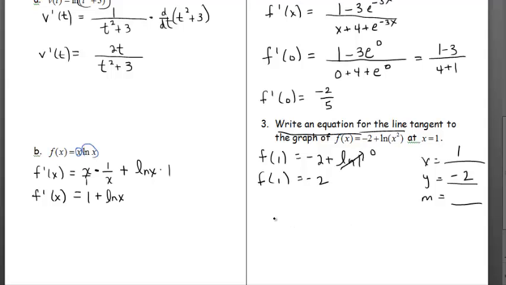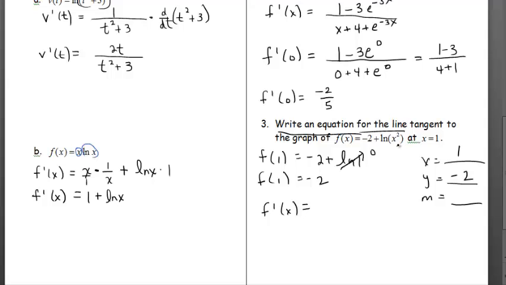All right, to get m, let's find the derivative and plug 1 in. All right, this term goes to 0. The derivative here, you can apply a property. You can pull the 2 in front if you want, which might be easier to do. It's not too bad the way it is here right now.